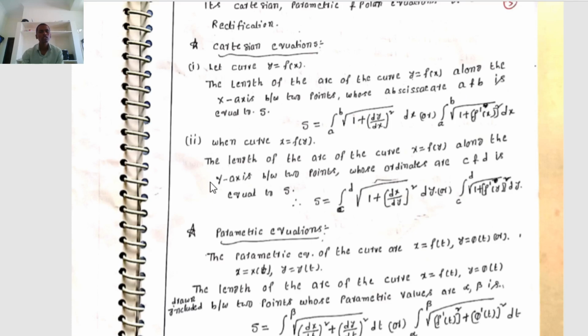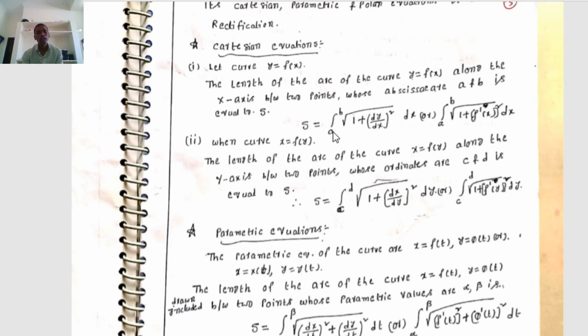The curve is in Cartesian form, y equal to f of x. The length of the arc of the curve y equal to f of x along the x-axis between the points whose abscissas are a and b is s.